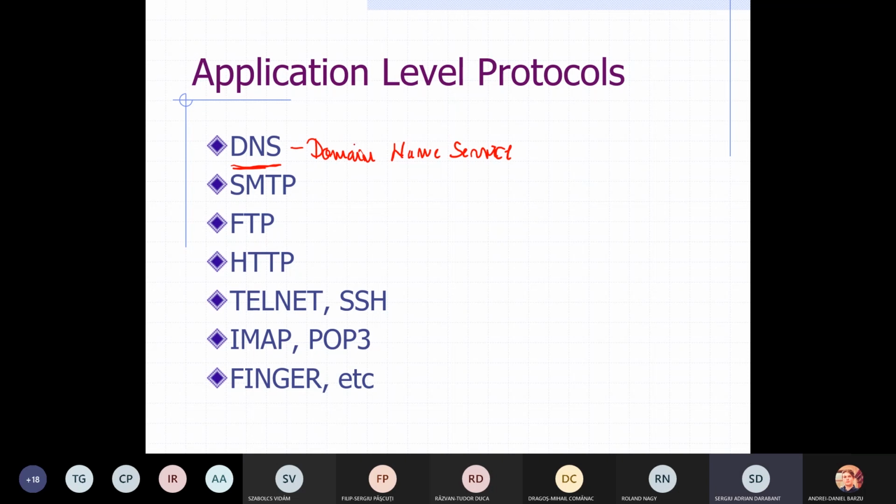And this one is important because we cannot see an internet working today without this service. Why? Because it helps translate machine names, something like www.cs.ubbcluj.ro, into an IP address.